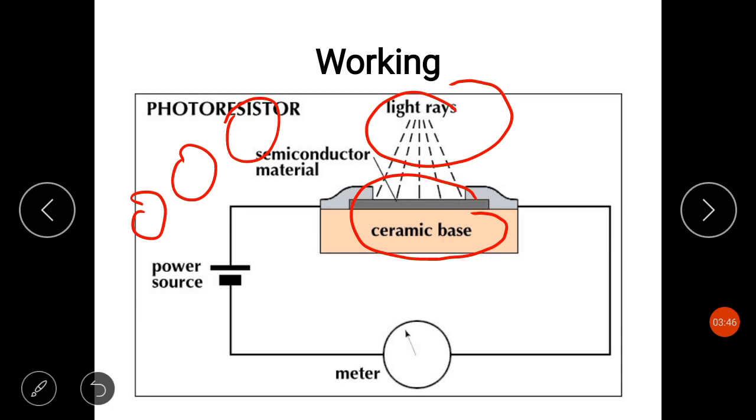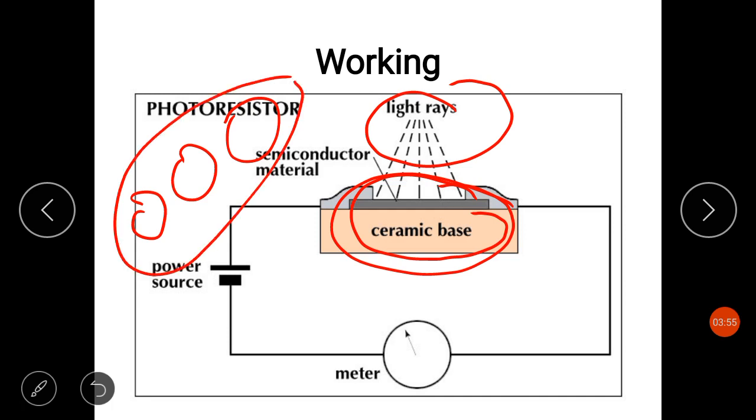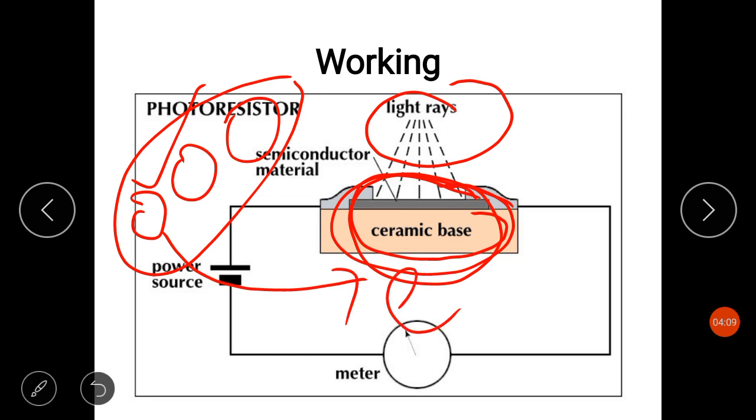When photons strike the semiconductor or photosensitive material, they impart their energy to the electrons present in covalent bonds. After gaining energy from the photons, these electrons break their covalent bonds, and therefore electron hole pair generation takes place.